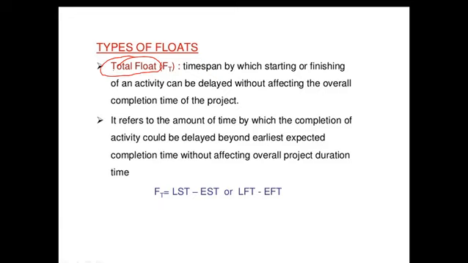Why is this total float important to us? Because it is an inbuilt reserve of a resource which is available for use in certain tail event and head event.